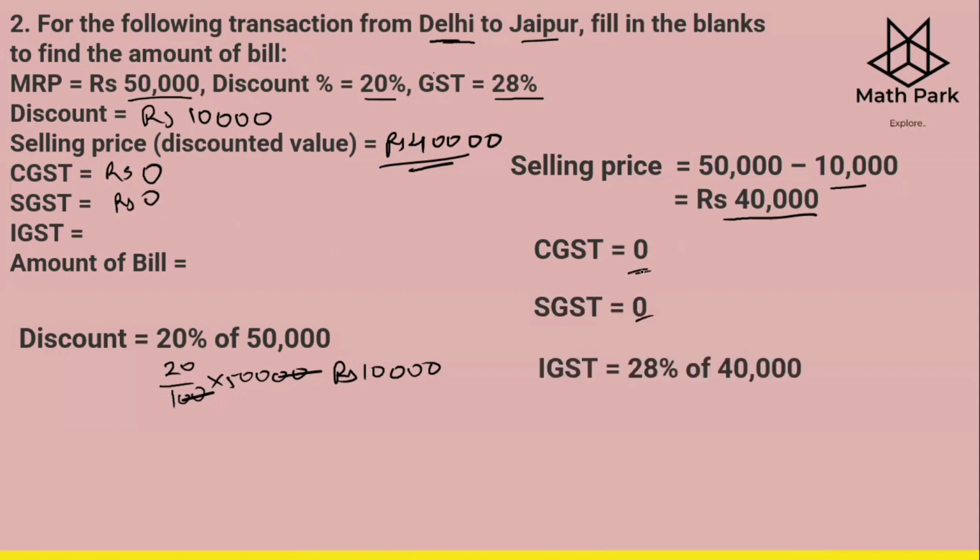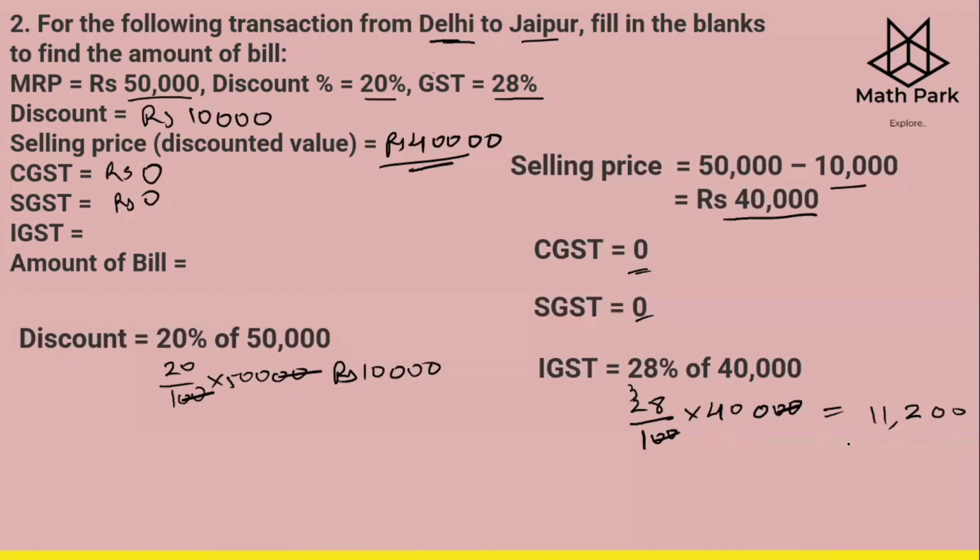And IGST is going to be 28% of 40,000. So let us do it. 28% is 28 by 100 times 40,000. So which is 28 fours. 8 fours are 32, 3 carry, 4 twos are 8 plus 3 is 11 and then 2 zeros.